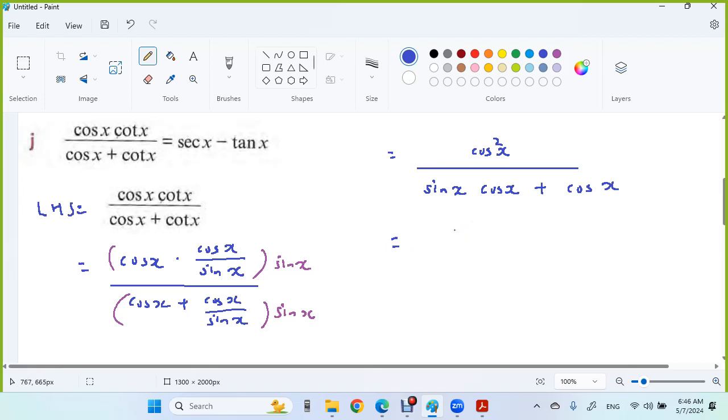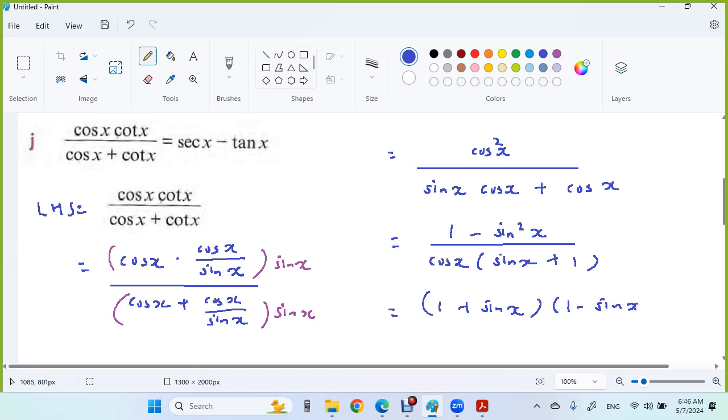Then this will be the 1 minus sine square x, and we factorize the cos x. So we have the cos x sine x plus 1. So I have the 1 plus sine x, 1 minus sine x, and this over with the sine x plus 1 is 1 plus sine x cos x. Cancel.